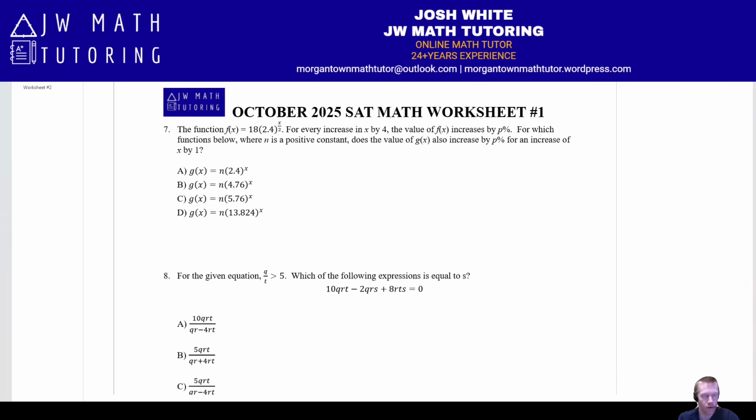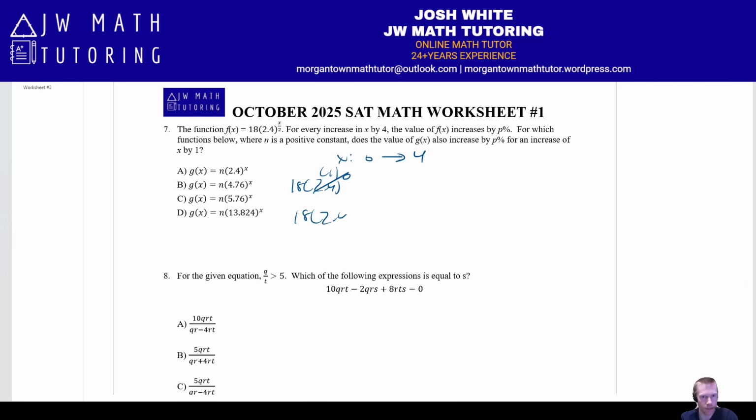Okay, so first I'll talk about the theoretical way, then I'll show you how you could actually go into Desmos and calculate it and figure it out, with actual numbers. So the theoretical way basically says, if you're increasing x by 4, let's say x is going from 0 to 4, that means you're going from 18 times 2.4 to the 0, which is just 18 times 1, or 18.